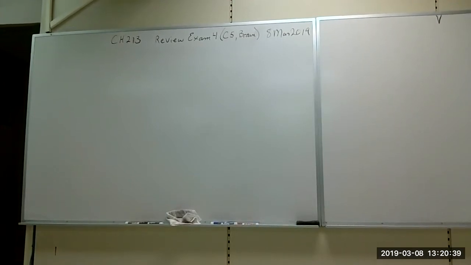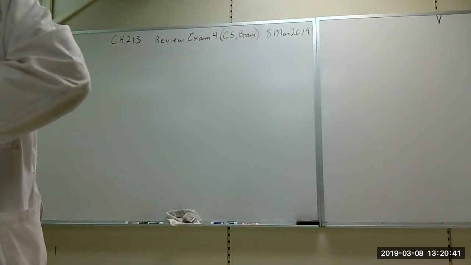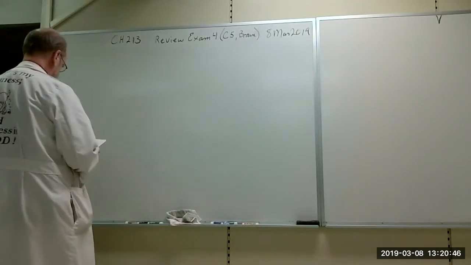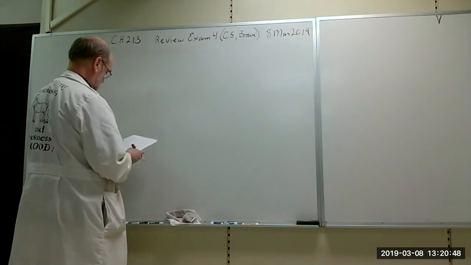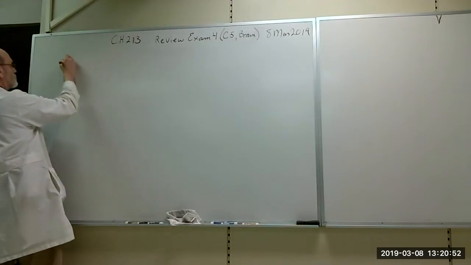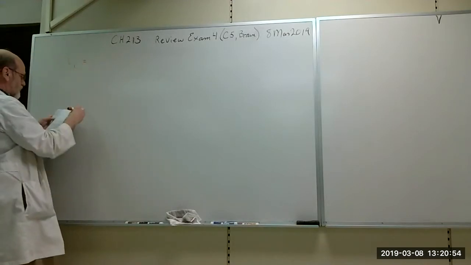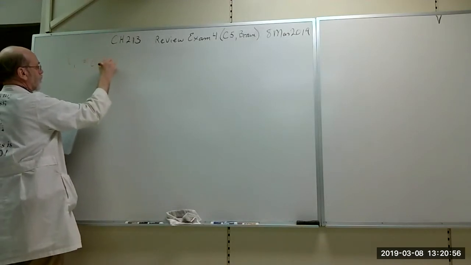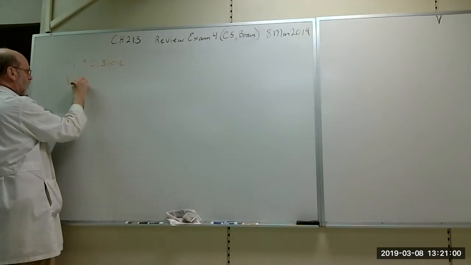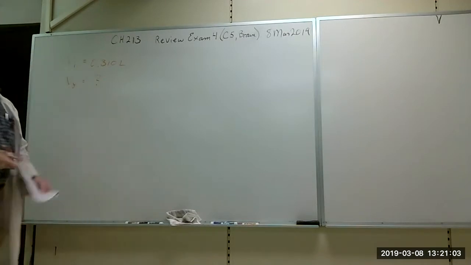So let's just write down what we know. It's always a good place to start. We know the initial volume is 0.310 liters. We don't know the final volume because that's the question, right?